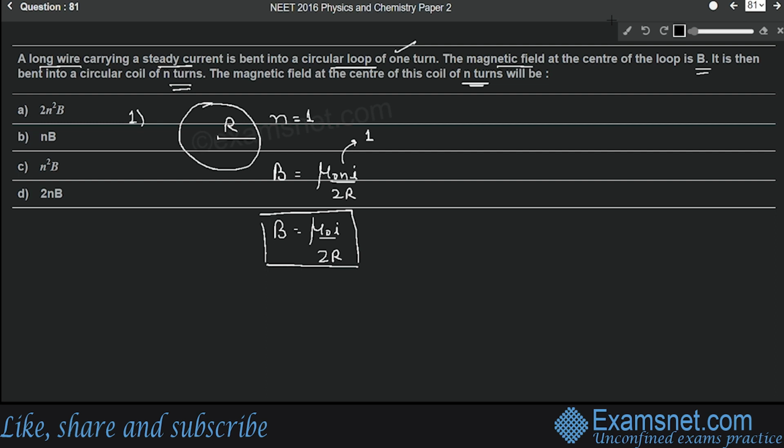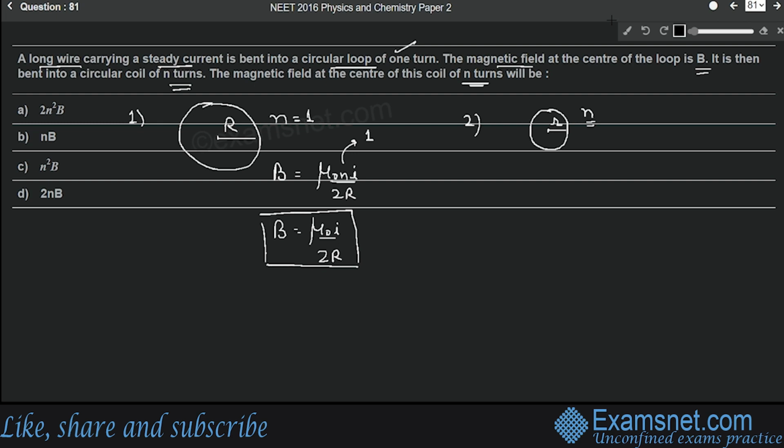Okay, now after that the same wire is bent into n number of loops, then definitely the size of the loop will decrease. Okay, let's say this is the size of the new loop which has n number of turns, and let's assume that the radius is small r. So what will be the value of small r in terms of capital R? We know that the total length of the wire will remain the same, right?